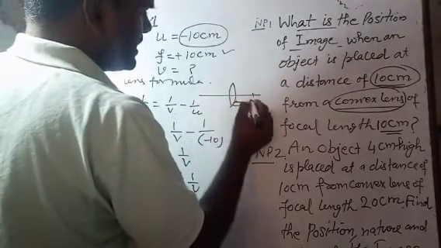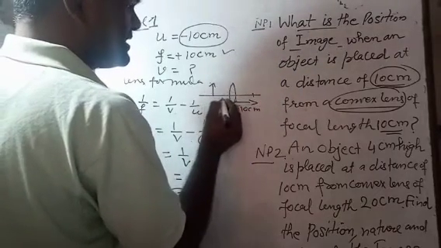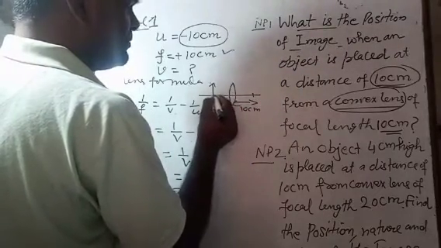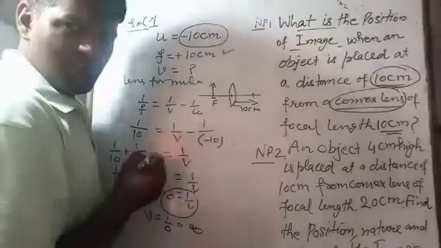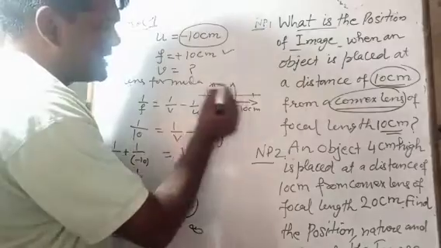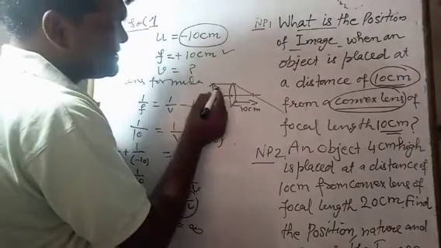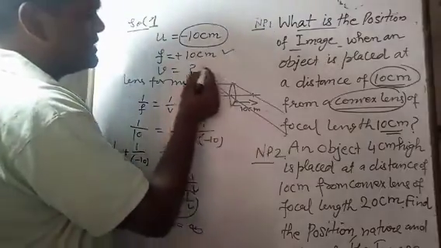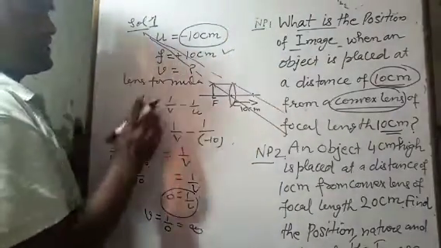Okay, my dear student, it was given 10 centimeter. The object is also placed at a distance of 10 centimeter. Means eventually the object is placed at the principal focus. So when the object is placed at the principal focus, the image is formed at infinity.